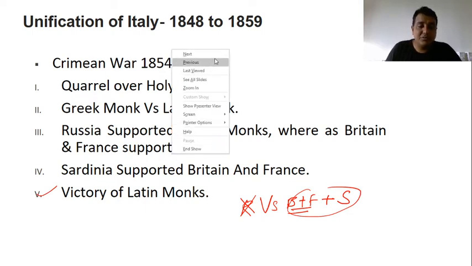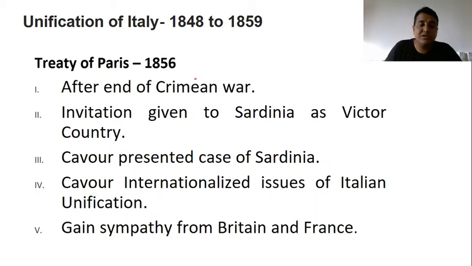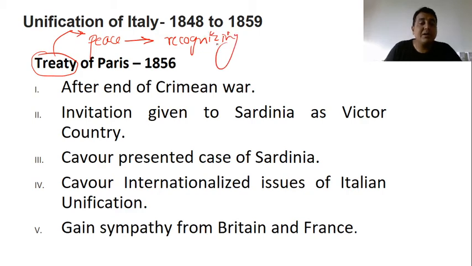Now what? You know that after a war there is a treaty, and what is the purpose of a treaty? A treaty is there to provide peace. And how is peace going to prevail? By recognizing the claim of a party. Basically, a treaty is assent given by one country or another on any particular issue.